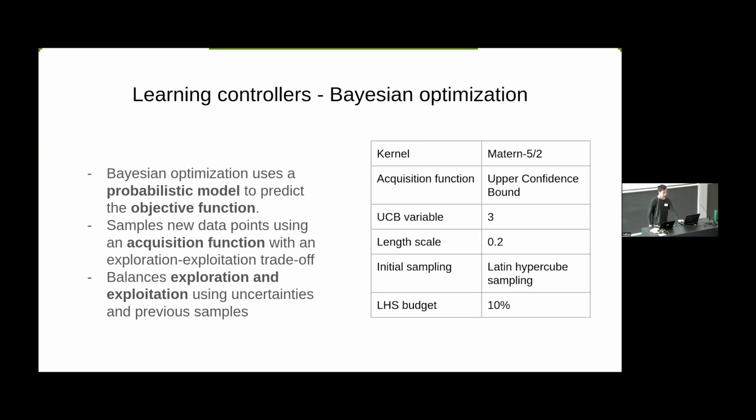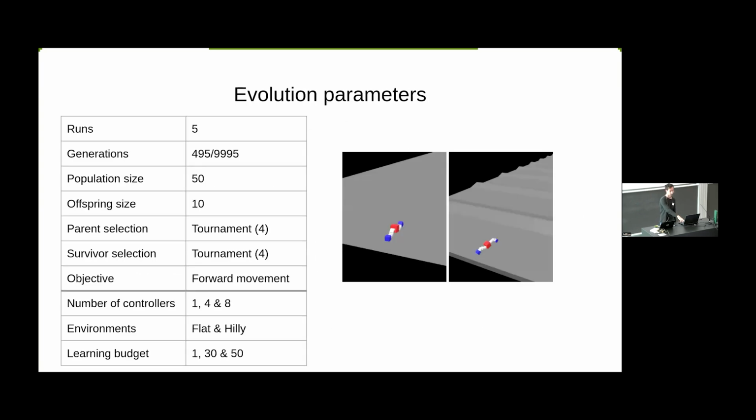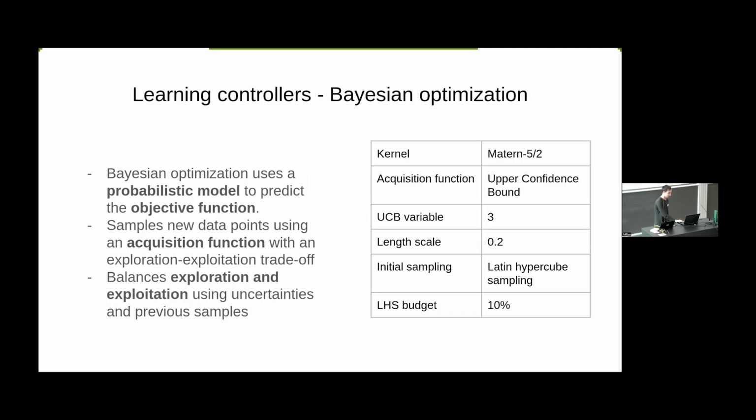The learning algorithm in my case is Bayesian optimization. I chose this because the number of controller parameters to optimize in my case is not that many. So Bayesian optimization works well in this case. And some parameters are chosen for this, which are chosen fairly regularly in evolutionary robotics.